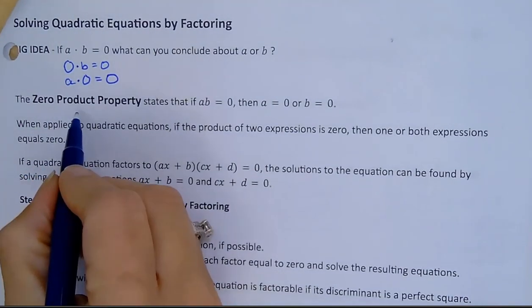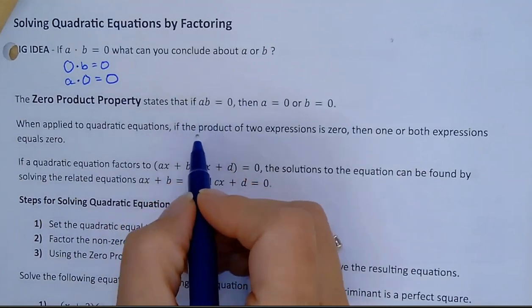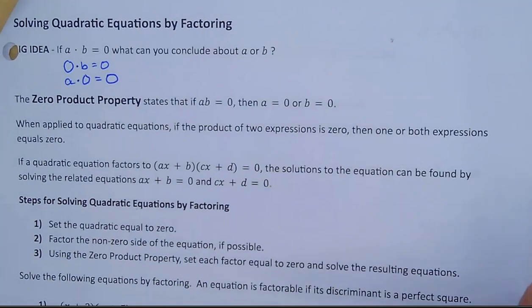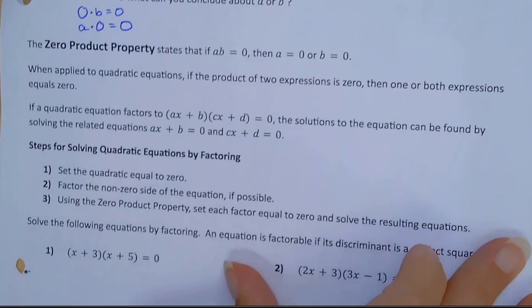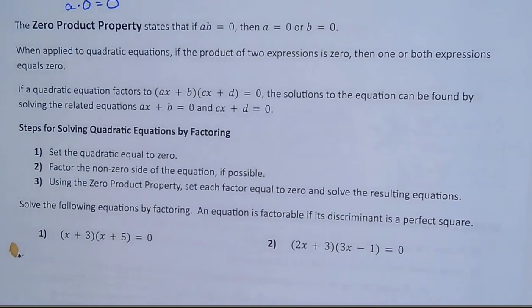So the zero product property states that if you have a times b equals 0, then a equals 0 or b equals 0. One of them has to be 0 for that to multiply together and get 0. When applied to quadratic equations, if the product of two factors is 0, then one or both of those factors must equal 0.